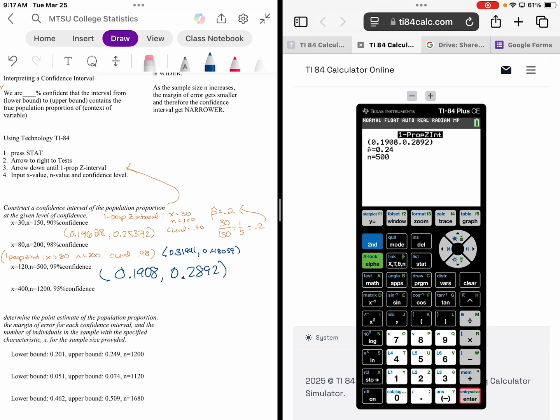So there's my upper and lower bound for my confidence interval. And again, the last one, if I do it real fast, all right, we got 400, 1,200, and then 95%. And that gives me 0.30666 to 0.36001.